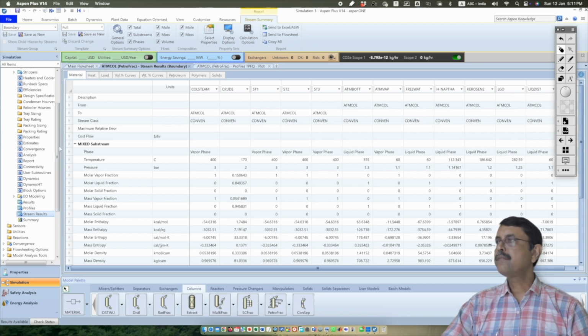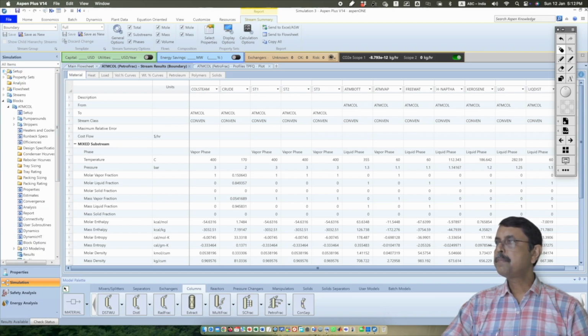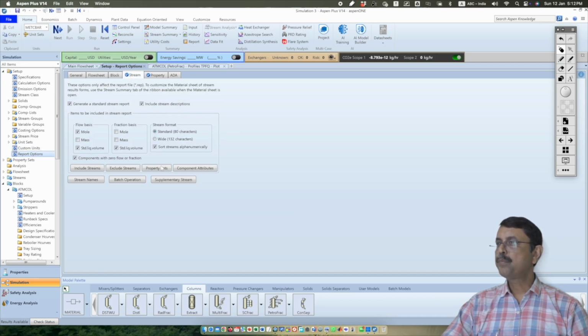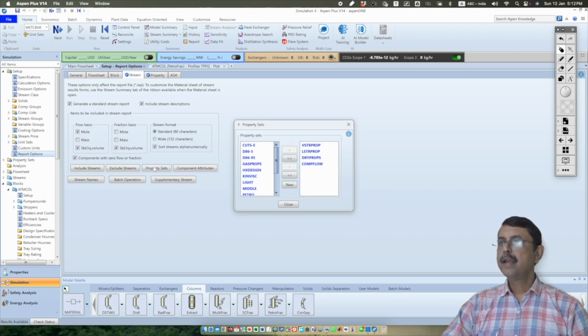For that, we have to go to the setup. There we have report options. In the report options, we go to the stream. In the stream, we have property sets. And only these property sets are provided, but we have to add a few.